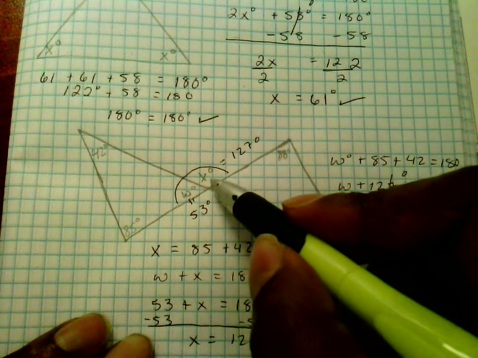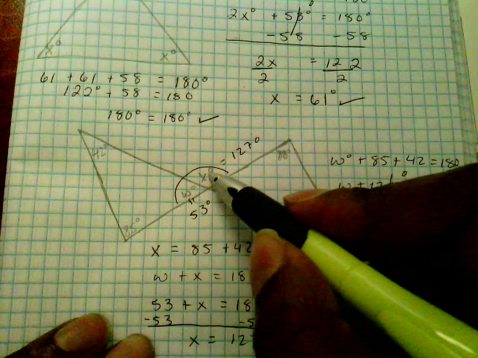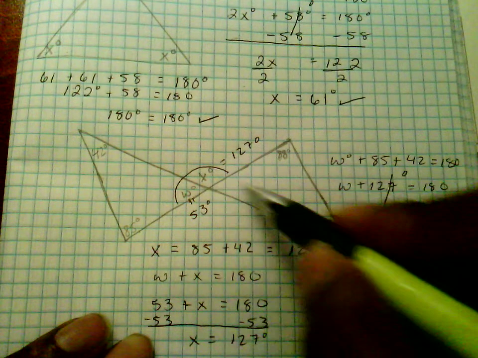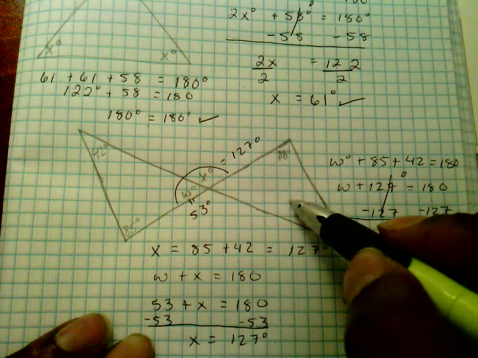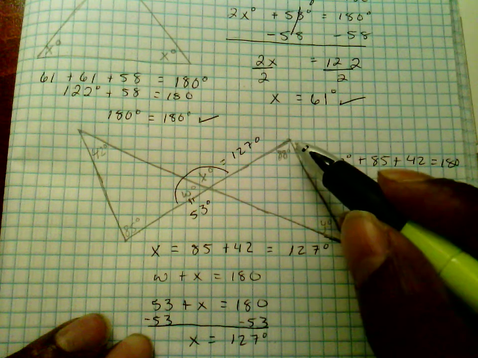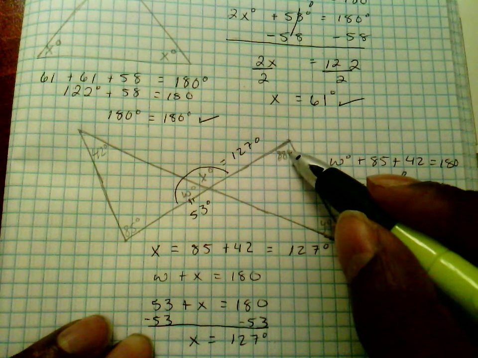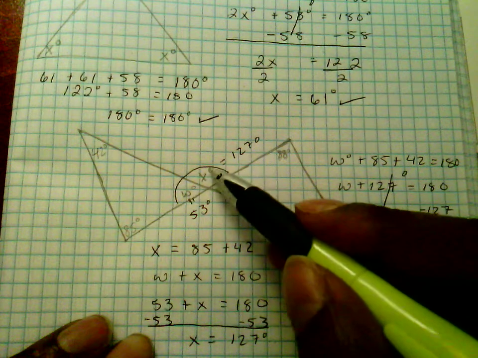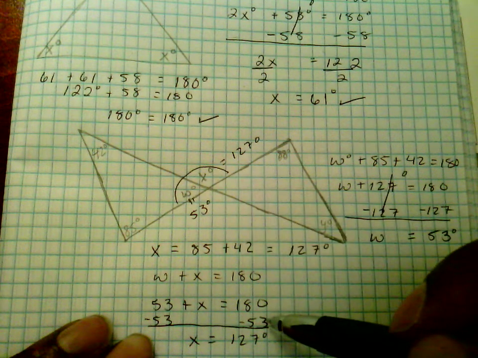X could be counted as an exterior angle to this triangle here, which will yield that Y and 88 are the remote interior angles to this exterior angle.